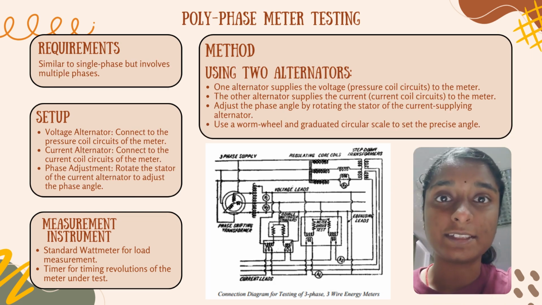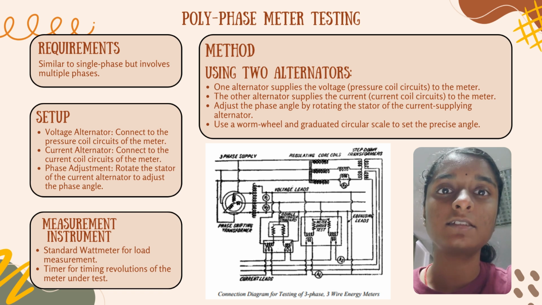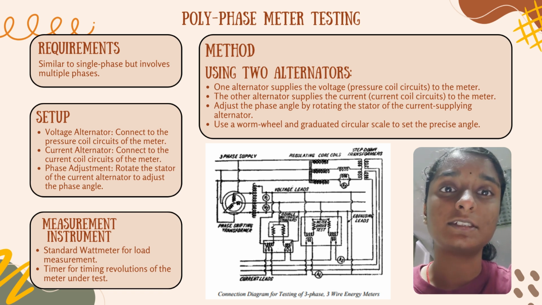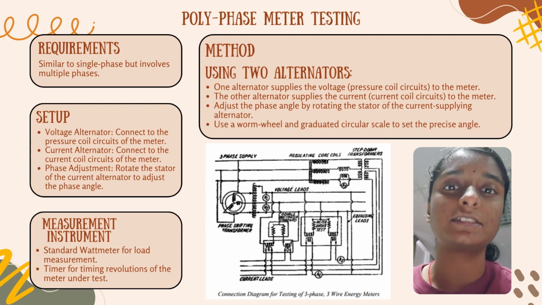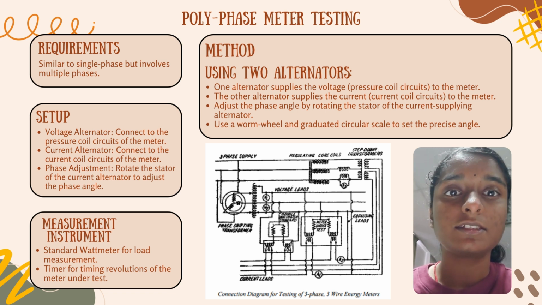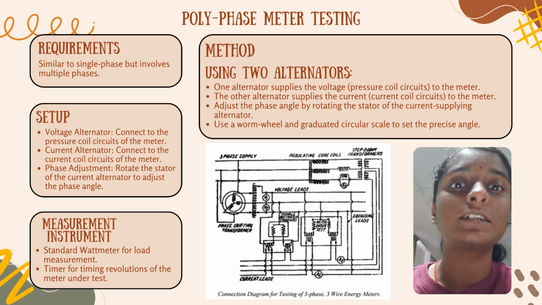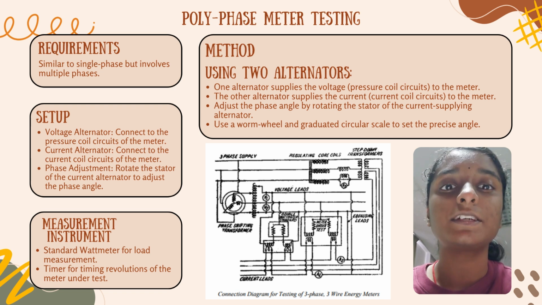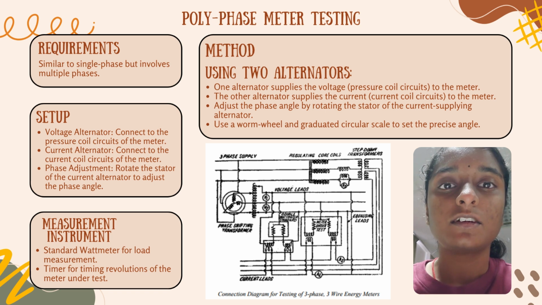The second one is polyphase meter testing, where the requirement is similar to single phase earlier, but it involves multiple phases. The setup of the apparatus goes like this: the voltage alternator is connected to the pressure coil circuits, and the current alternator is connected to the current coil, and for phase adjustment, you rotate the stator of the current alternator to adjust the phase angle.